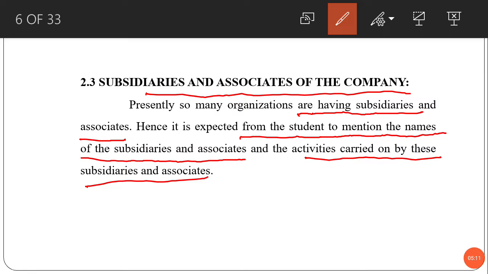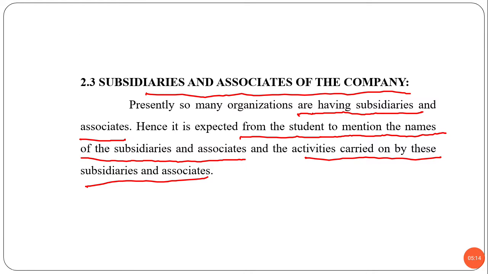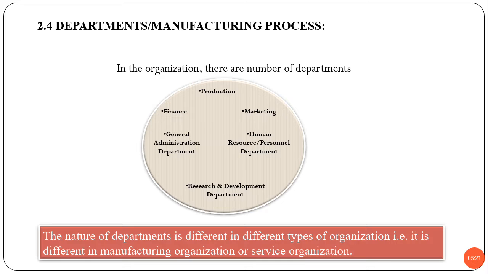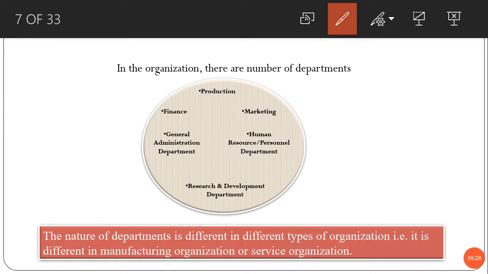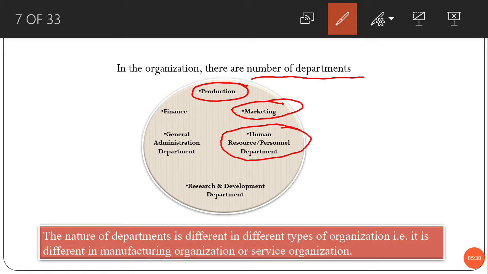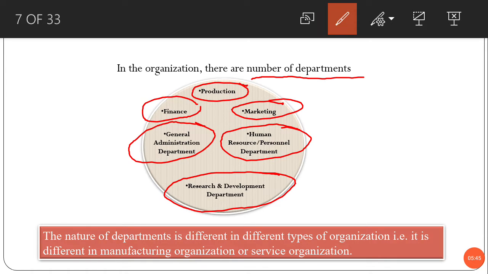After it, one has to give details regarding the organization's different departments and manufacturing process. In the organization, there are a number of departments: production, marketing, human resource or personnel department, research and development department, general administration department, finance department.